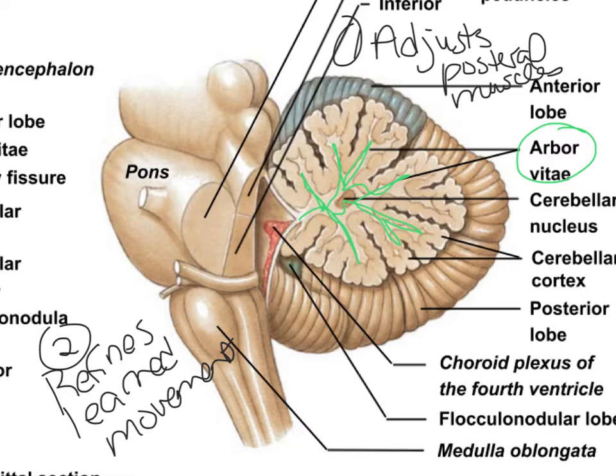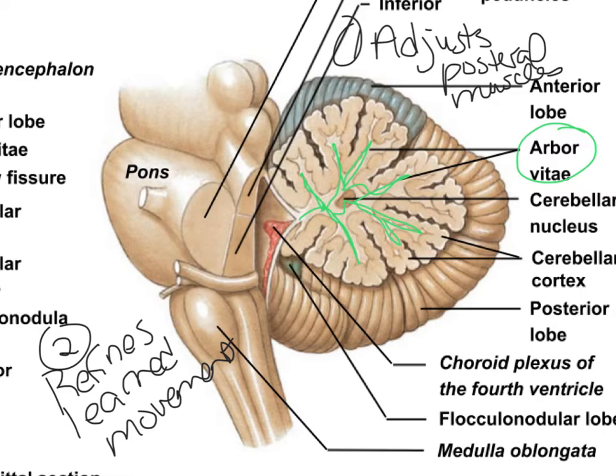So if we have damage to the cerebellum, a person is going to have a wide stance because they're not going to feel like they have the postural ability. They don't have the ability to adjust their posture. So they're going to have this wide stance, and then they're going to be rocking a lot, right? And if you have them walk a straight line, they're not going to be able to do it.